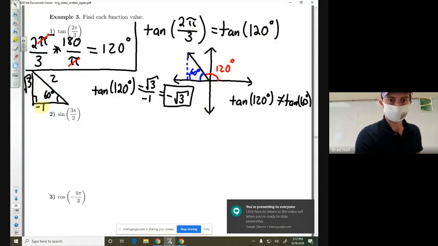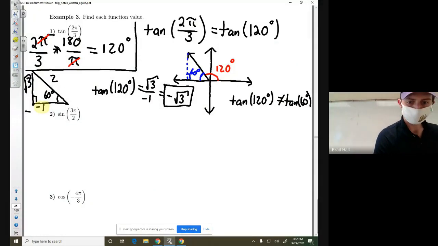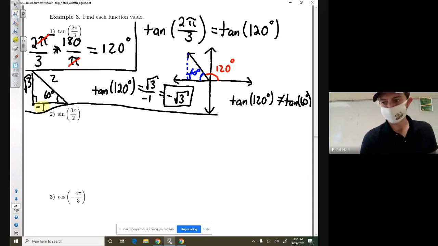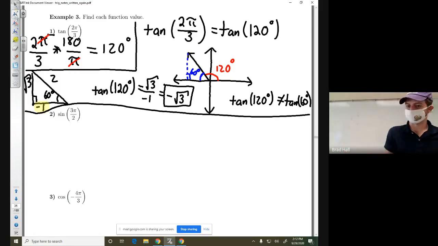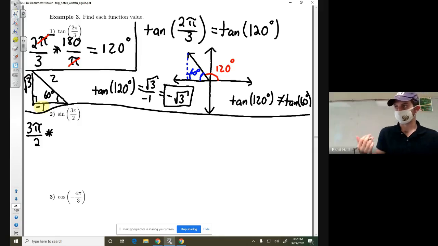All right, let's move on to problem 2. Problem 2, it's sine of 3 pi over 2. First thing we're going to do is convert 3 pi over 2 to degrees. Same thing as before, the way you convert from radians to degrees, you multiply the quantity by 180 divided by pi.